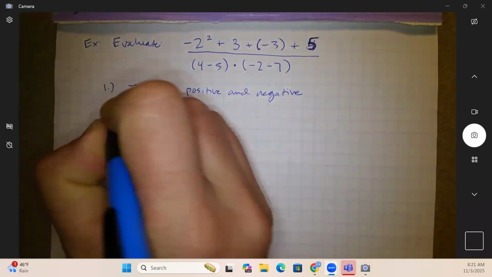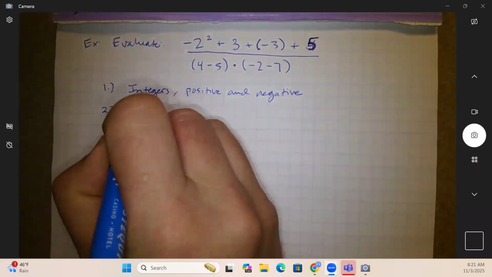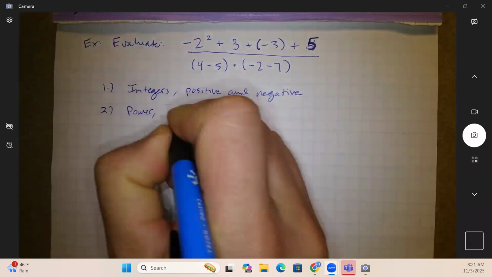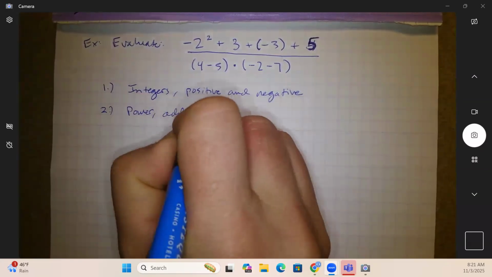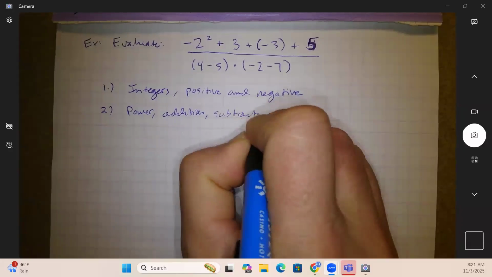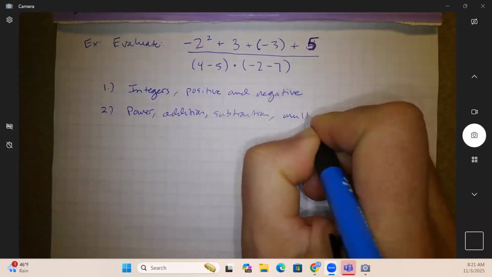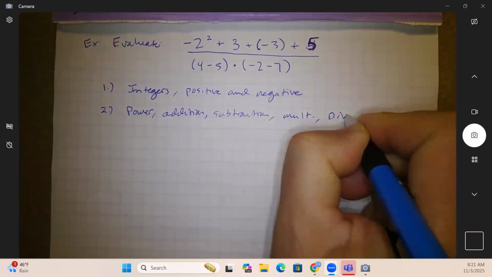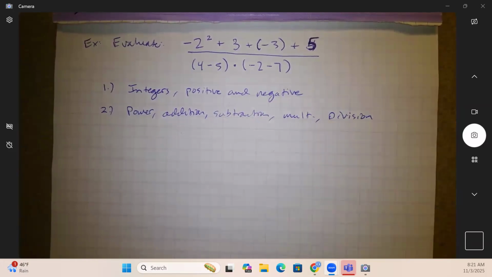And then in terms of order of operations, I've got a power, some addition, some subtraction, and some multiplication and some division. So I've got a whole bunch of different operations here that I'm going to have to keep track of.